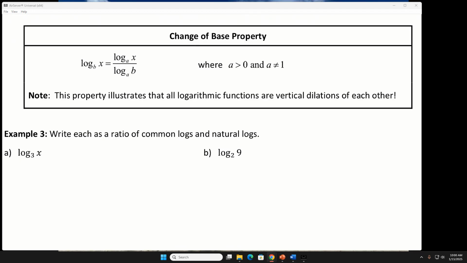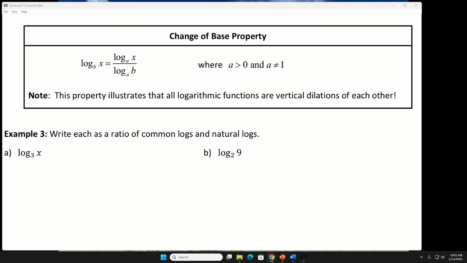If it is on the ACT, you can get it right in 1 second if you just know the property. So if you want to change the base to something else, you can change it to any base you want to. What you do in the numerator is log, and then whatever base you want, of the argument, and then divided by log of that same base of the original base, and it will give you an answer.